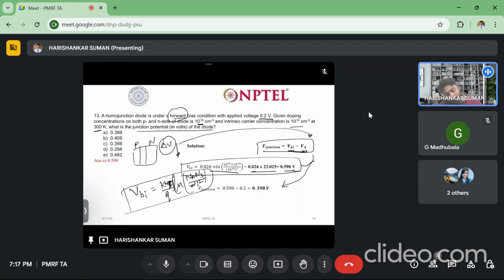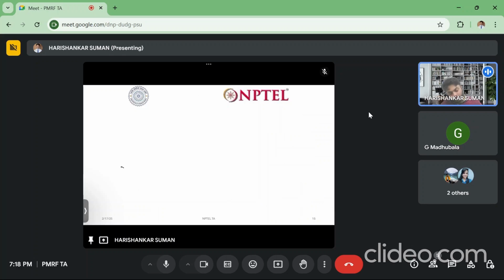If the question is asked like that for reverse bias, then what will happen? The formula for the junction potential is VBI plus VA for reverse. Okay. So this is the answer. Clear to you? Yes, sir. Okay, let's move to the next question.